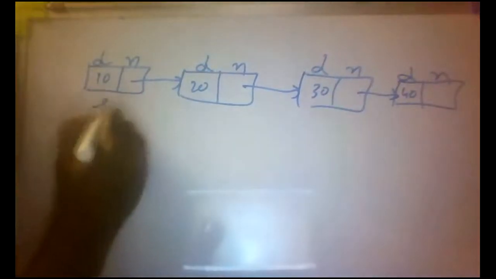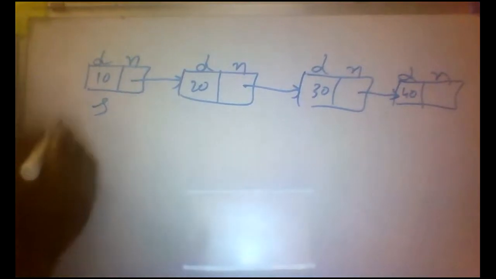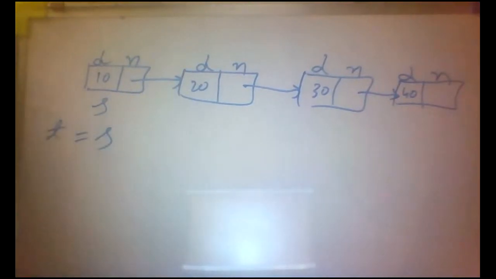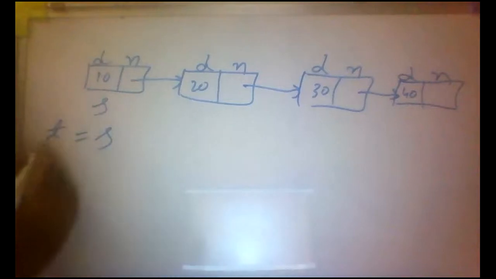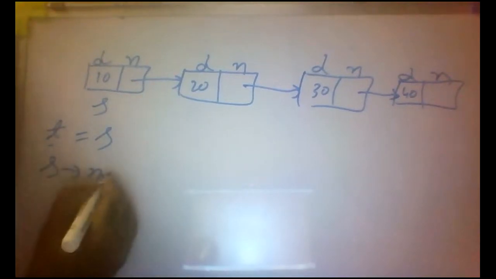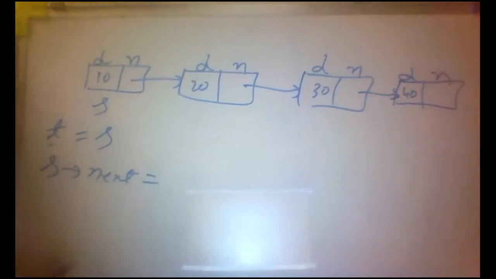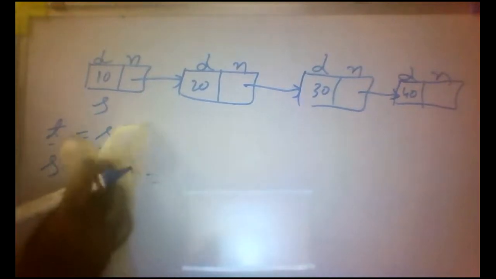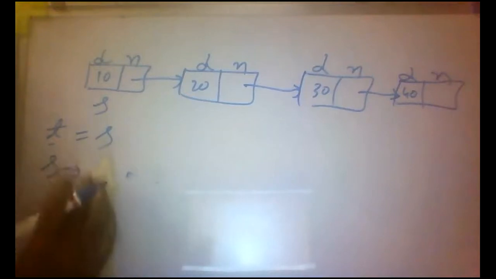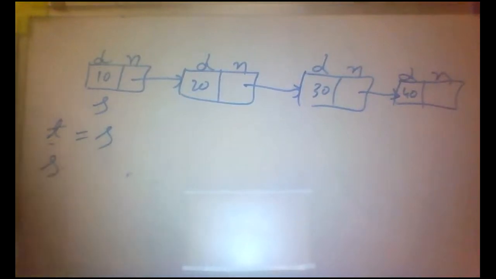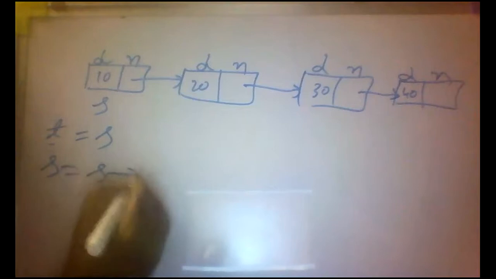So then here start. Where temp equal to start. This node is assigned into a temporary variable. Here start equal to start to next. Where s equal to s2 next.